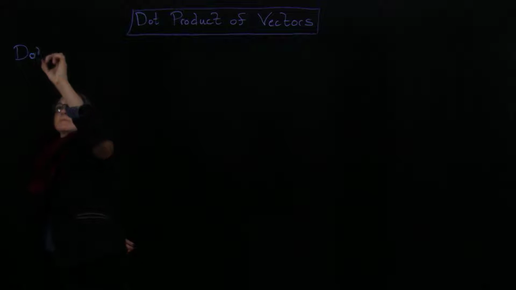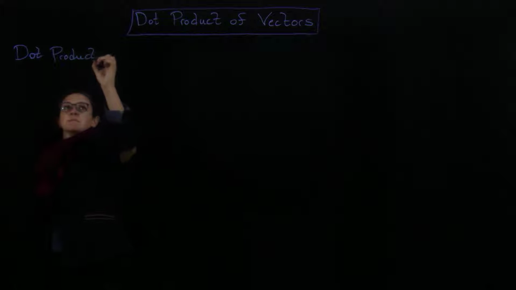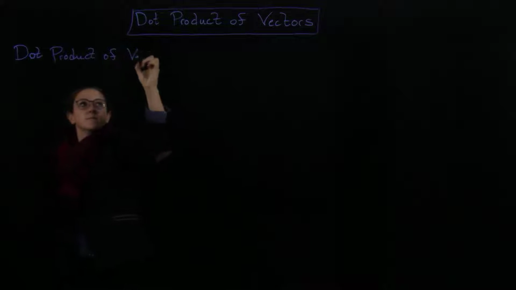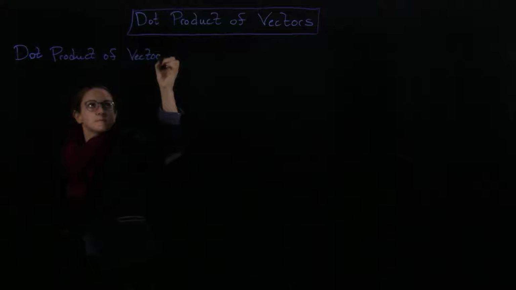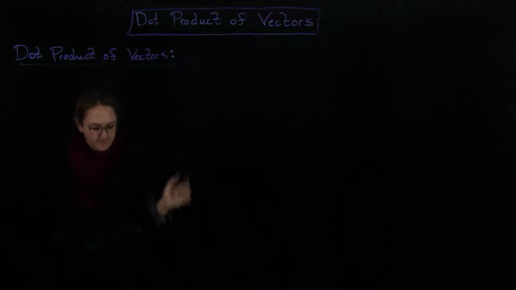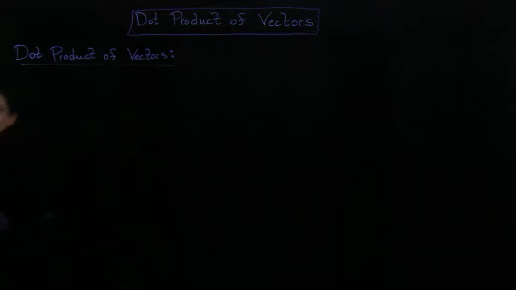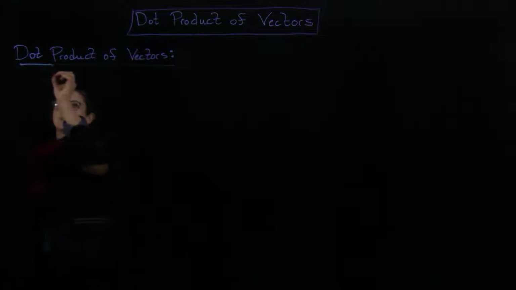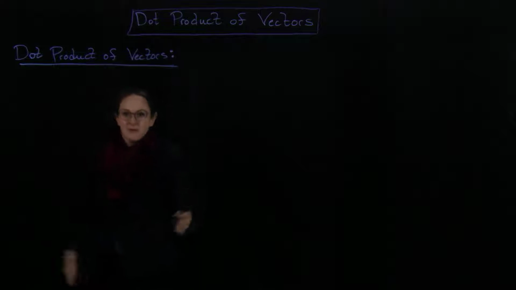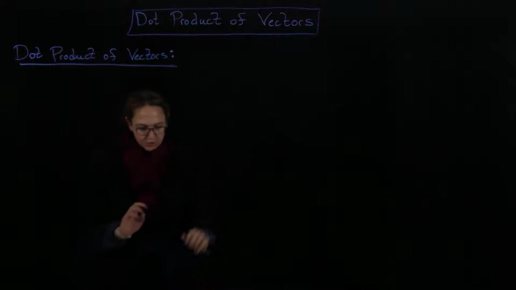So here we go. The dot product of vectors. Okay, imagine that we're in a circumstance where we're going to have two vectors.